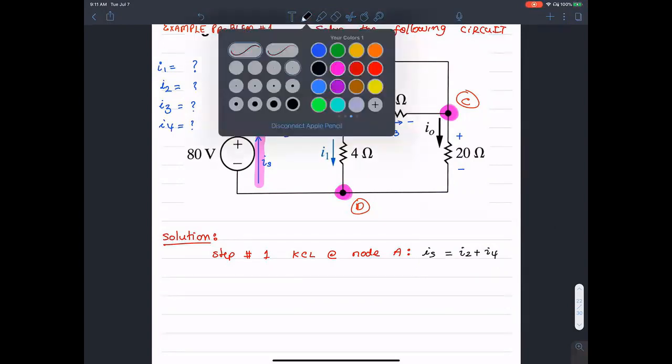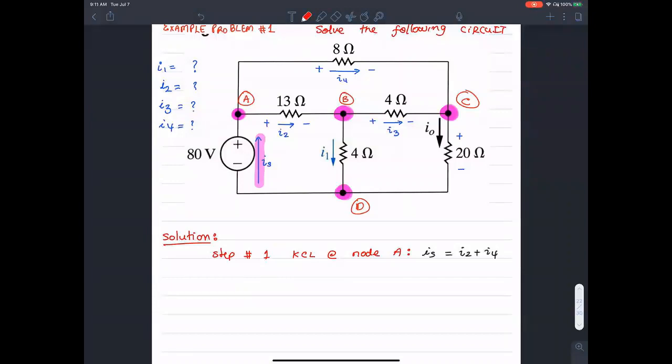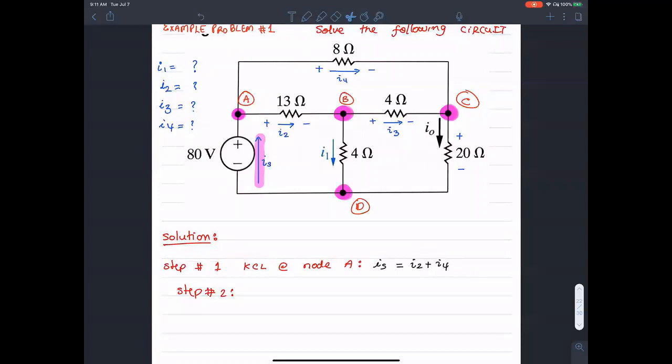The next step I'm going to do is to apply KCL at another node. This is all in an effort to find all the unknowns.